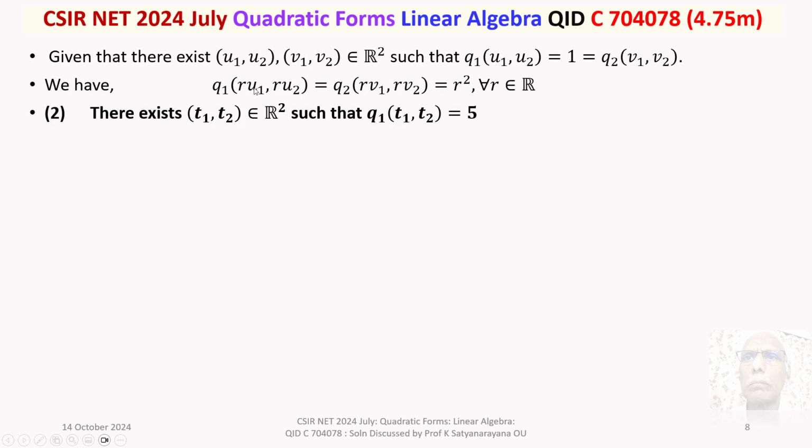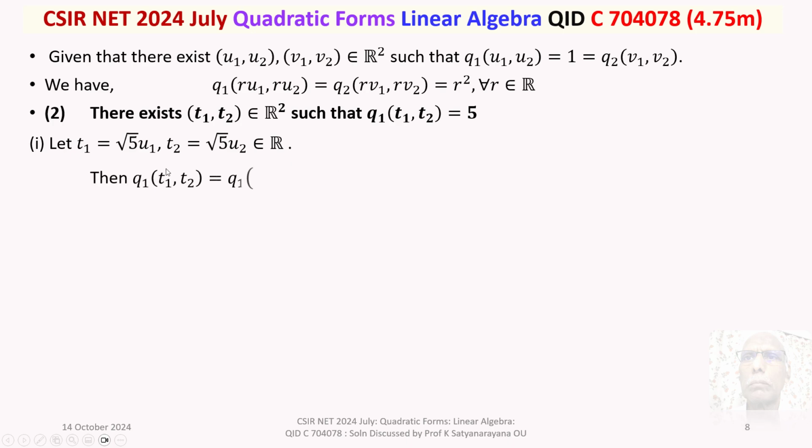Q1 of root 5 U1 comma root 5 U2 will be equal to root 5 square, that is 5. So T1, T2 is the ordered pair RU1 comma RU2. So let T1 is equal to root 5 U1, T2 is equal to root 5 U2.